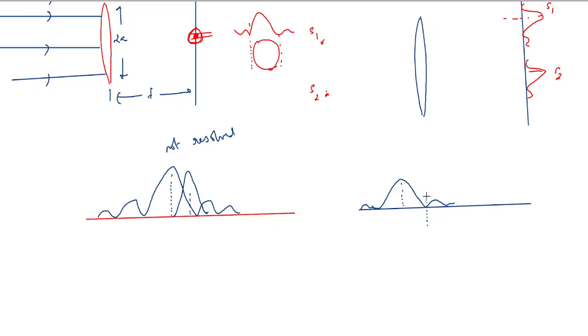If the minima of one falls on the maximum of the other one, in this case these are said to be just resolved.